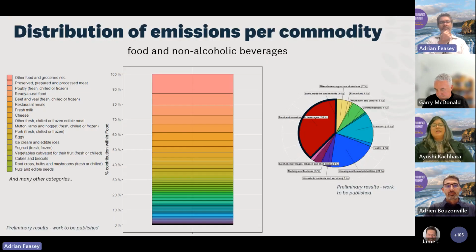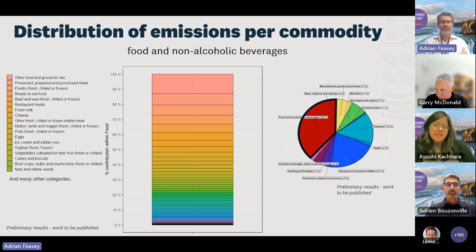This slide basically shows the exact same chart as before on the right, highlighting the food sector, and what the food sector is made up of is presented on the left side as a stacked bar. The food sector in the database has about 69 to 70 products in there. It's too many colors to fit on a scale, but what this shows is the top contributors in the food sector.